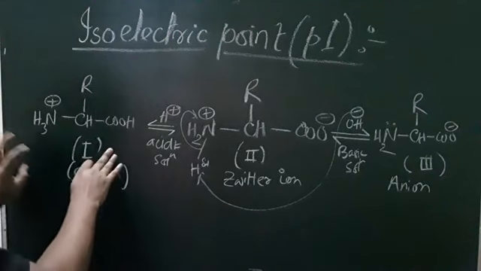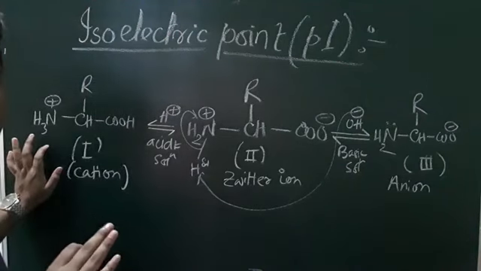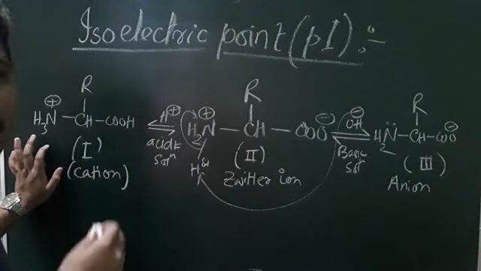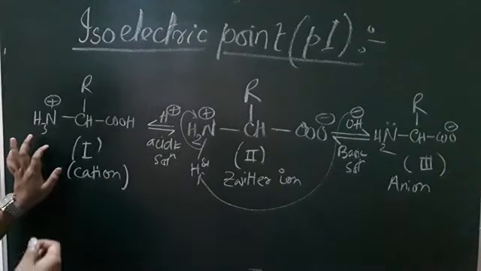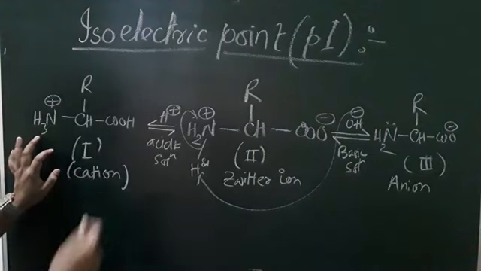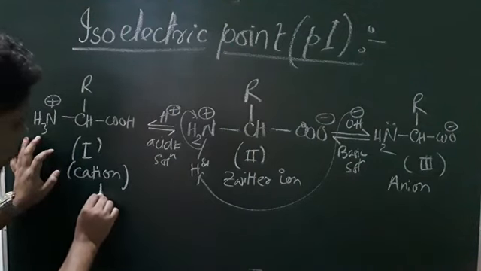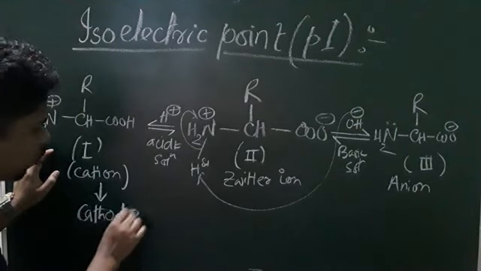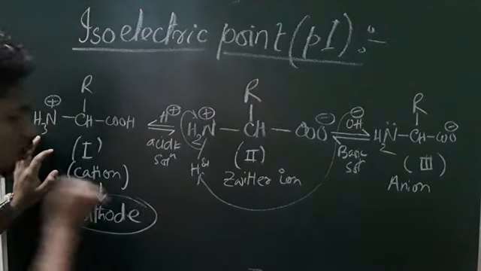This cation is positive charge, and it will migrate towards a negative electrode. And negative electrode, we know cathode is negative electrode here. So it will migrate towards cathode.